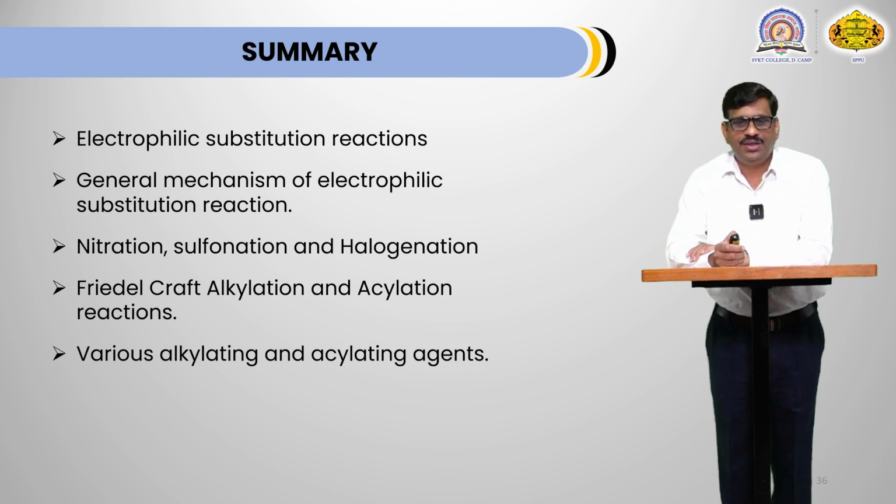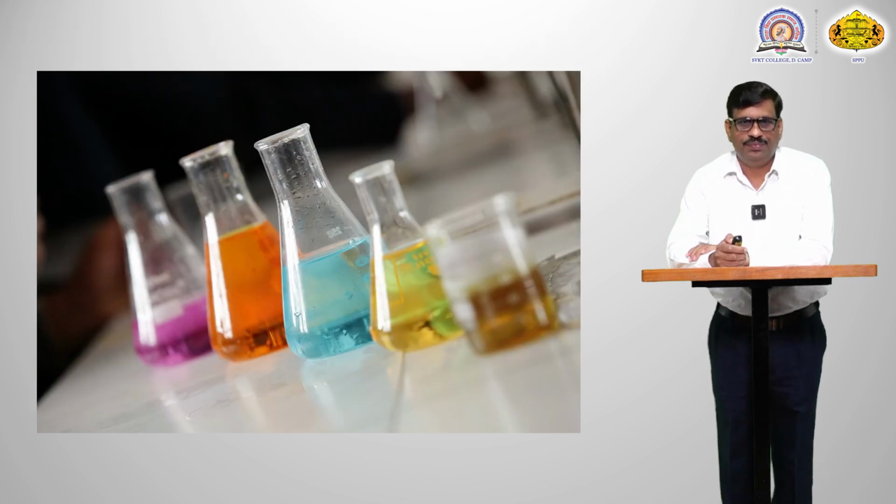We have seen halogenation reaction, in which we have discussed that Lewis acid catalysts are required for halogenation reaction. We have seen Friedel-Crafts alkylation reaction and Friedel-Crafts acylation reaction. We have seen various alkylating and acylating agents. We have seen the limitations of Friedel-Crafts alkylation reaction as well as Friedel-Crafts acylation reaction. Thank you.